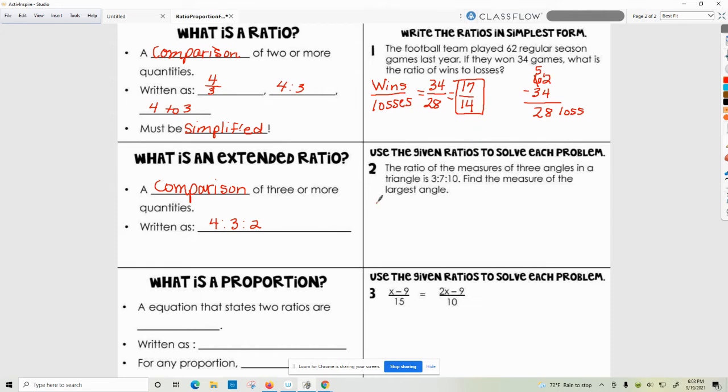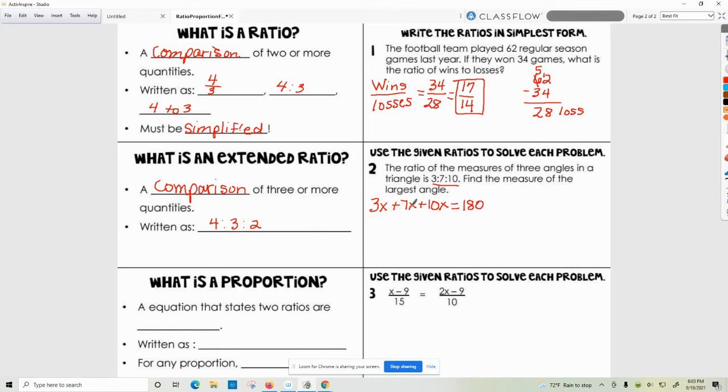Well, what we do is we take this little ratio that is given to us right here, 3 times x plus 7 times x plus 10 times x. And since we're talking about angles in a triangle, I know those 3 angles must add up to 180 degrees.